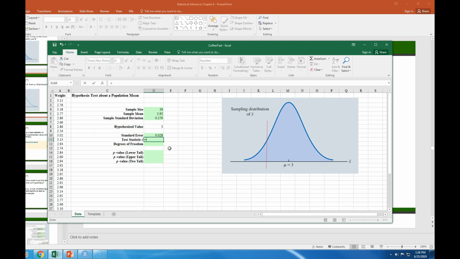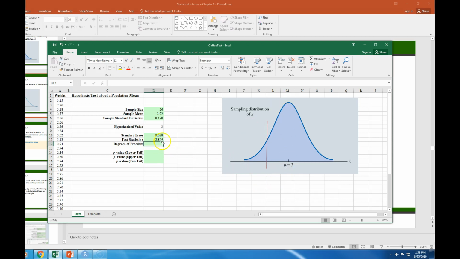Now we have all the numbers to calculate the t-statistic, which is x bar minus the hypothesized value of the population mean, and we're going to divide this difference by the standard error. So the t-statistic for our test is minus 2.82, which falls on the left-hand side of our hypothesized mean.